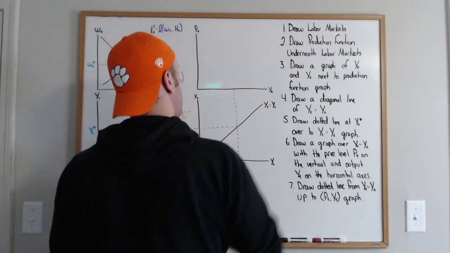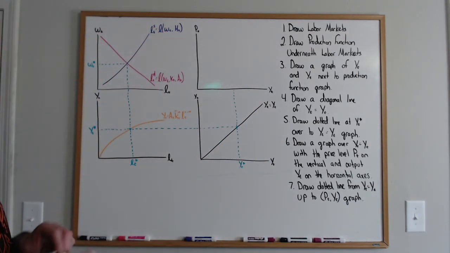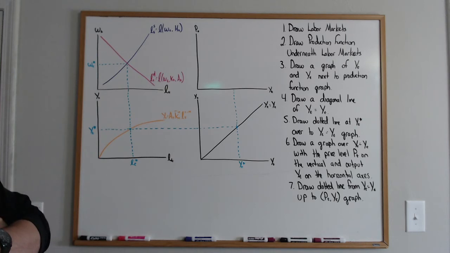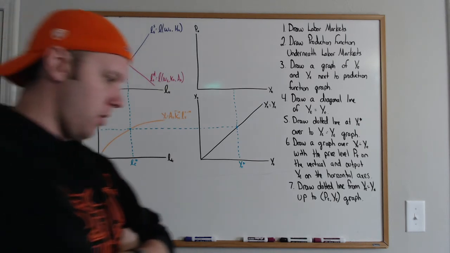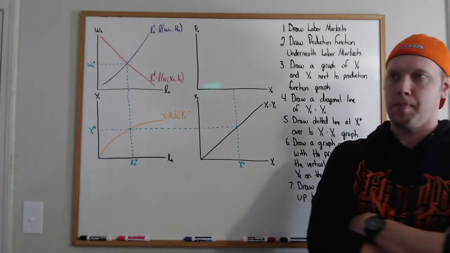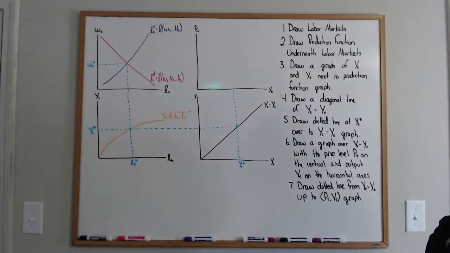All right, so I'm just going to do it like there for now. Now, what we get from that is aggregate supply, but we have to think about what some of the assumptions of the model were going in.